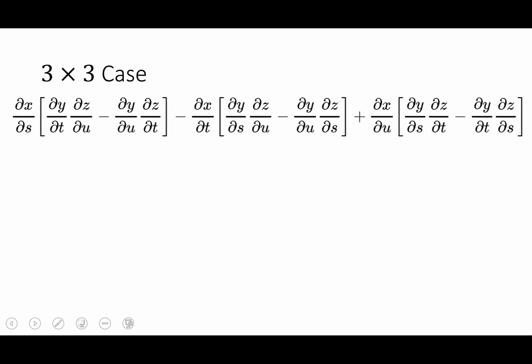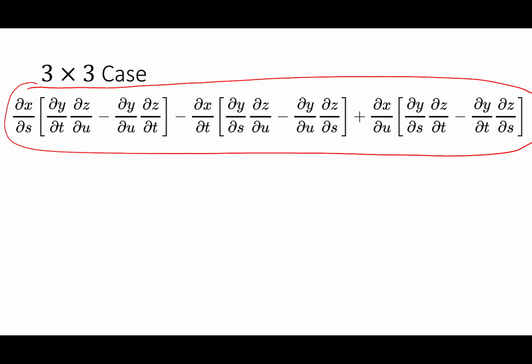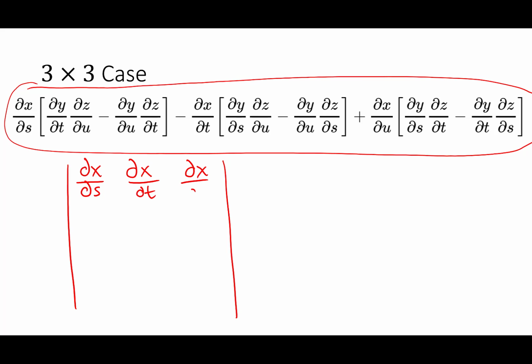So in any case, going back to our Jacobian, here's the 3 by 3 Jacobian. You can view this as the determinant of the matrix. The first row, we're taking all possible partial derivatives of x. Then the second row is all possible partials with respect to y.